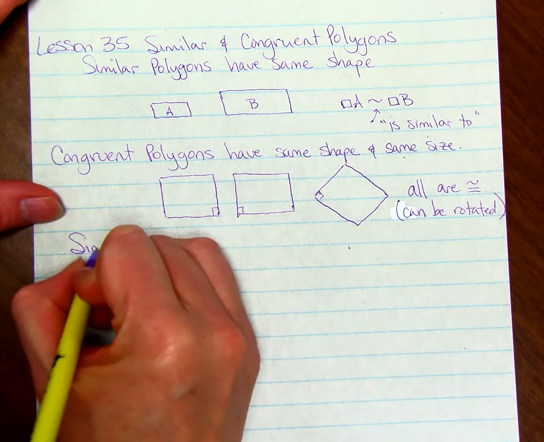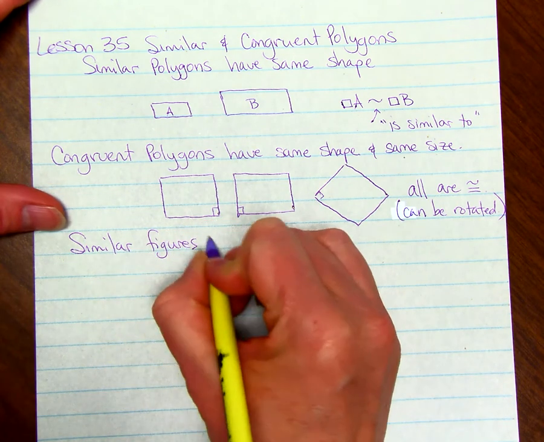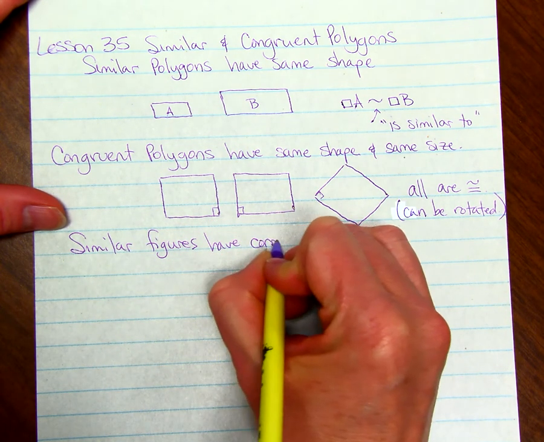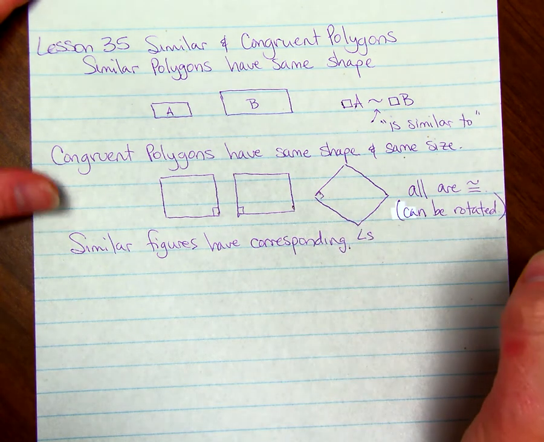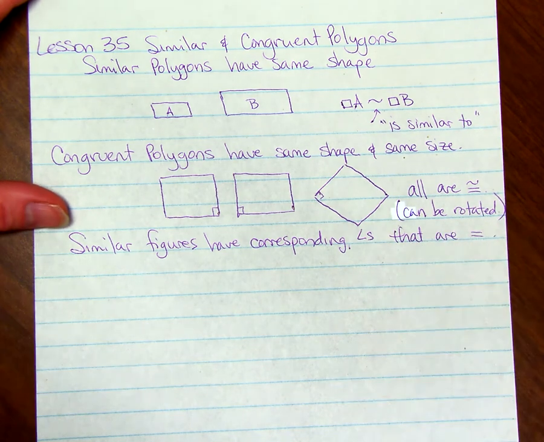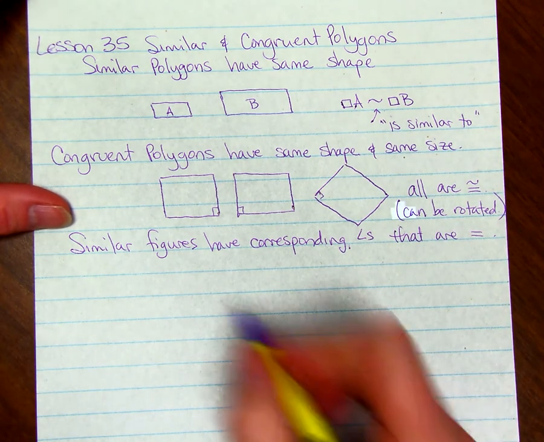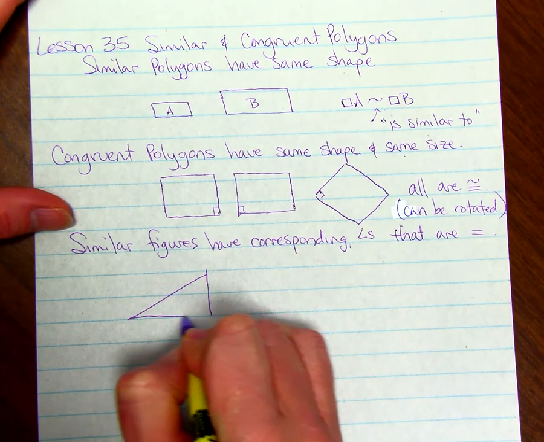So similar figures have corresponding angles that are equal. So let's say we have 2 right triangles and that we know they are similar.